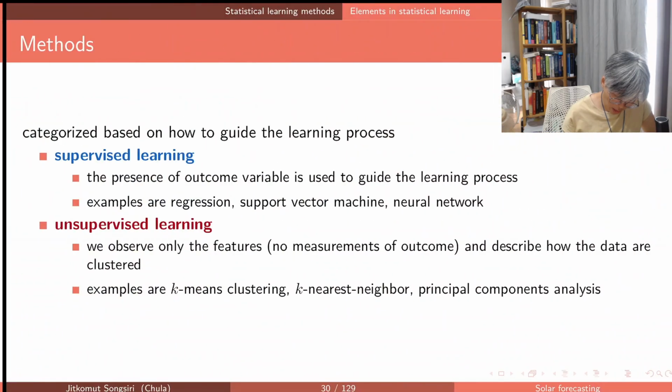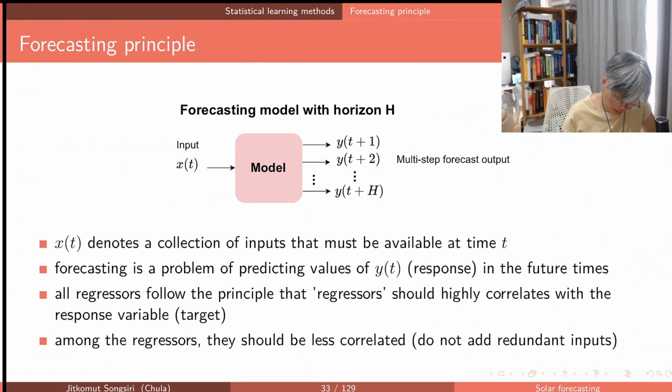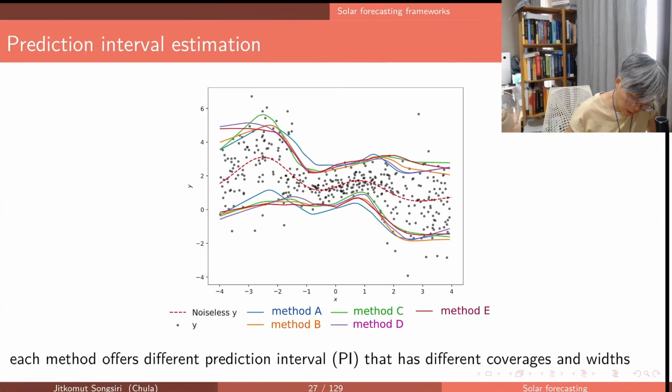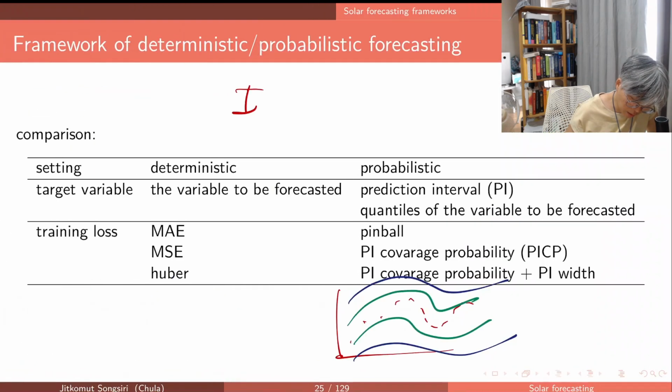So I think I'm gonna stop here. What I have explained is how we look at the forecasting problem and how to come up with a framework that differs by the requirement.